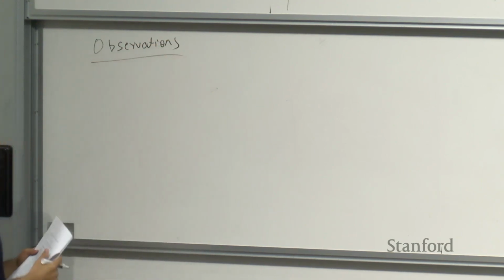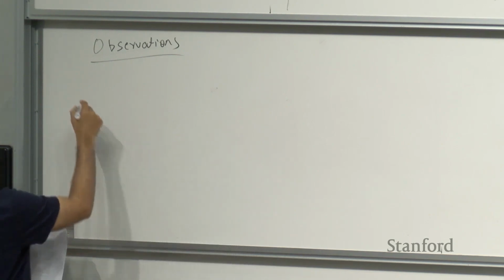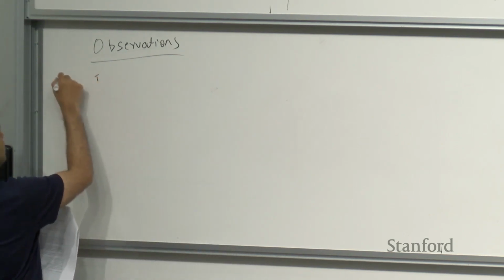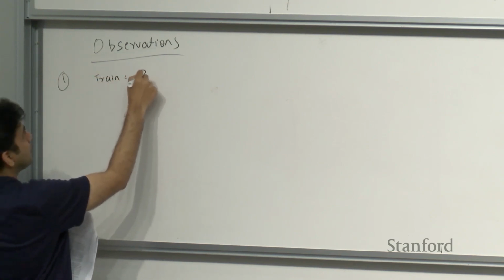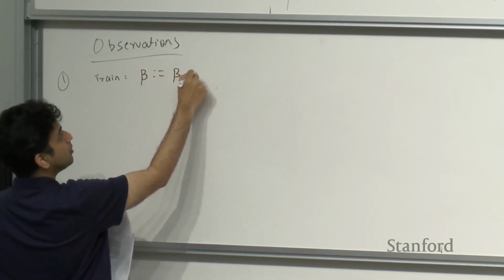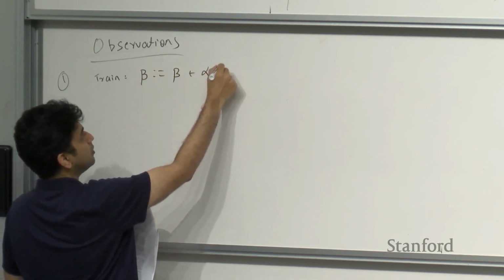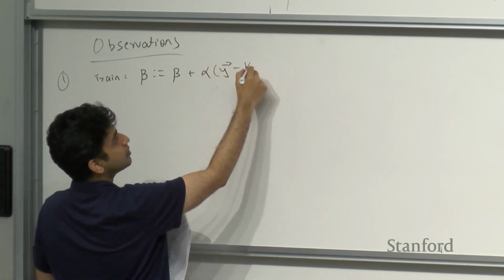In our observations, first we see that the training rule was beta equals beta plus alpha times y minus K beta, where K is the kernel matrix.